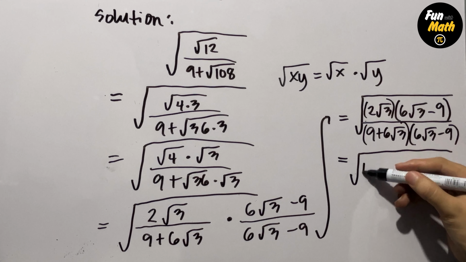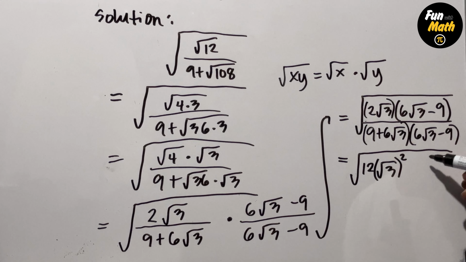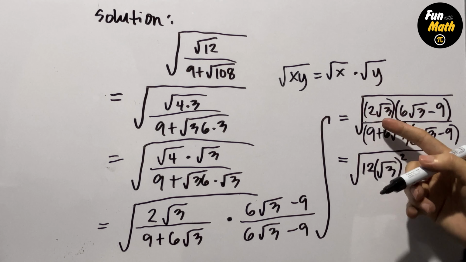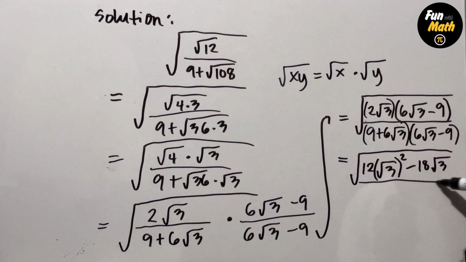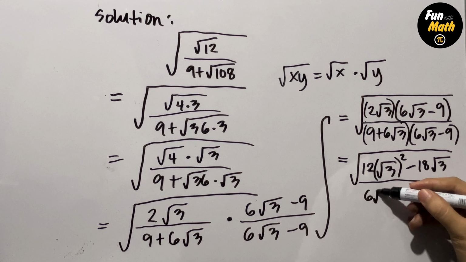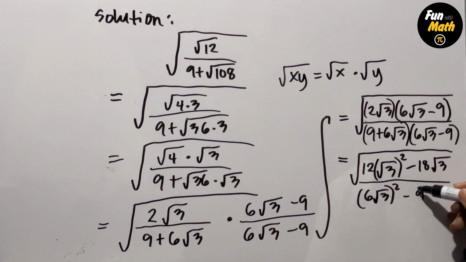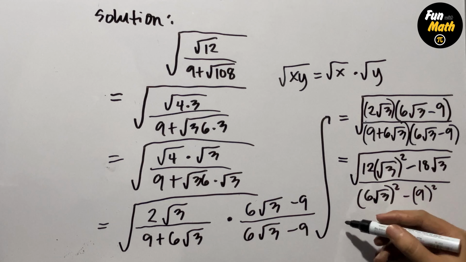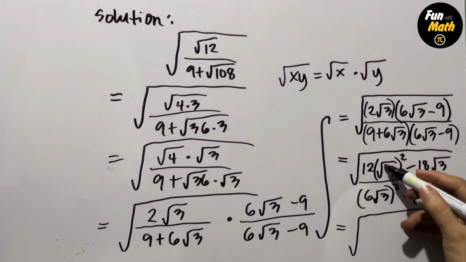That is 12 square root of 3 squared minus 2 square root of 3 times 9. That is minus 18 square root of 3. Over, for the denominator, let's write it into an identity. So that is 6 square root of 3 squared minus 9 squared.